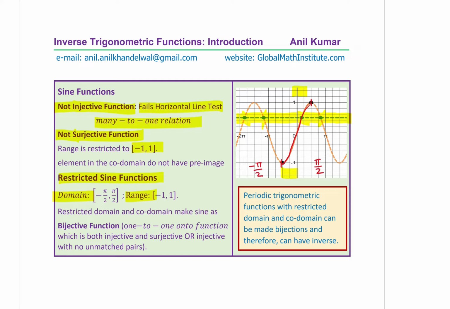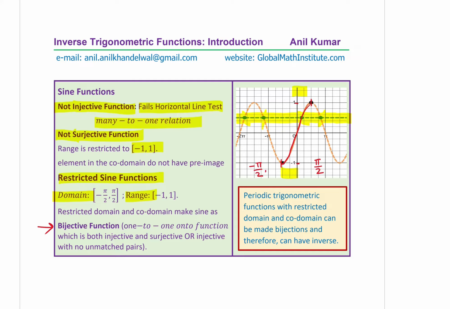Now in this interval, this function is both injective and surjective, and therefore we can say it is a bijective function, a one-to-one onto function. So the restriction is the domain from minus pi by 2 to pi by 2 and the range from minus 1 to 1. That helps to make this a bijective function, right?